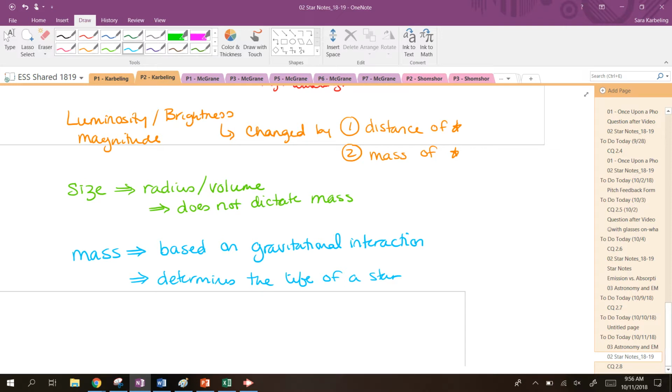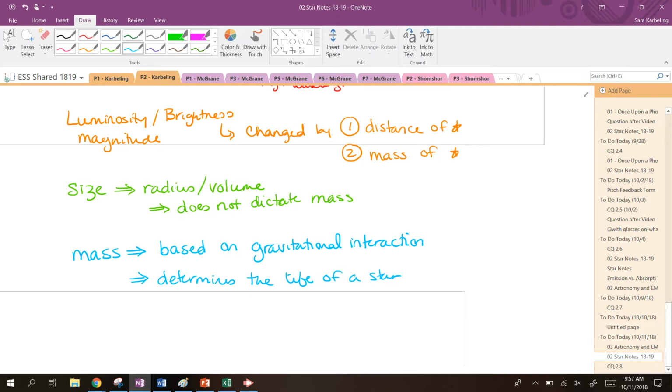Which kind of star do you think will have a longer life? A big star, a massive star, or a less massive star? A less massive. Yeah. I don't know if everybody said that, but I heard a lot of people say less. The less massive the star, the longer its life will be. Let me write that down and then I'll answer.